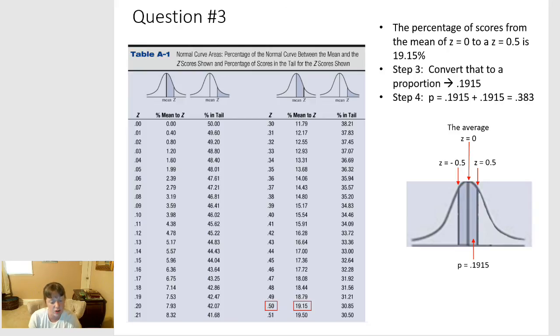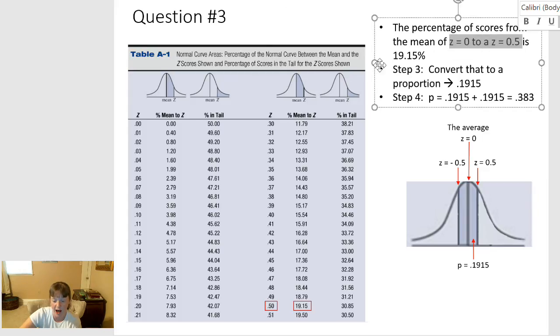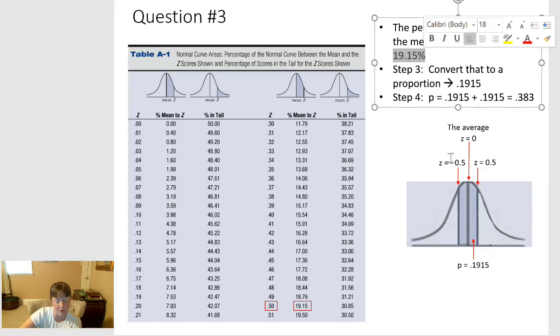And so for a z-score of 0.5, the mean to z is 19.15%. So around 19% of all the people will be between the average of 0 and the z-score of 0.5, like right here. Turn that into a proportion, I get 0.1915.